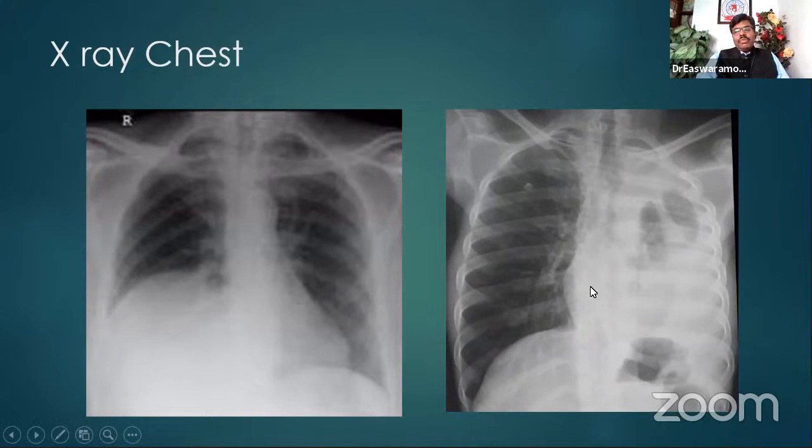Coming to this particular one, this is another patient who came to a surgical ward, referred from the physician, saying that this patient had a history of trauma one month ago.